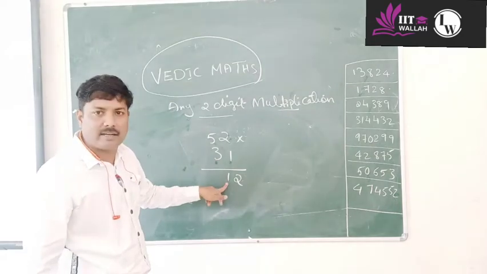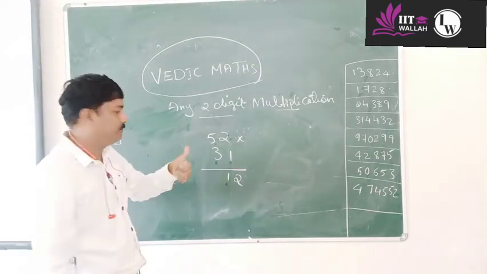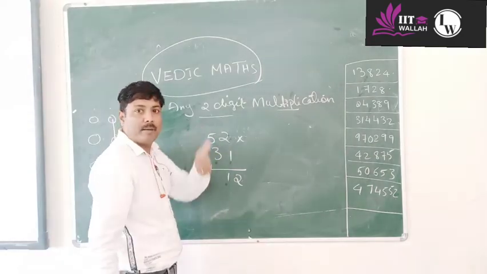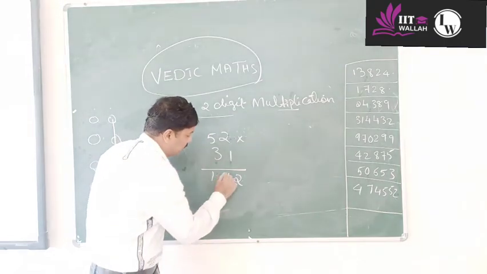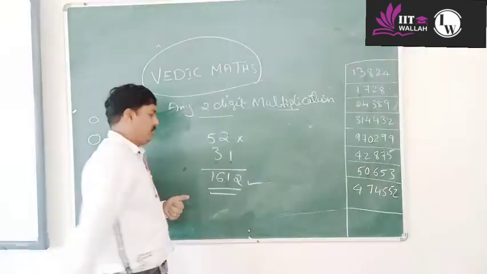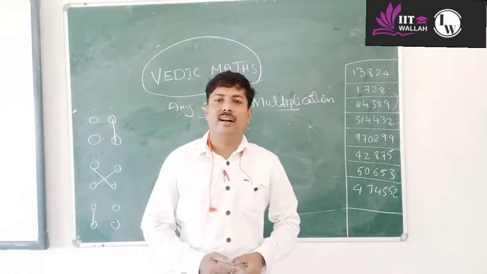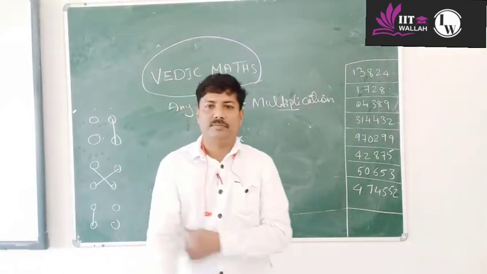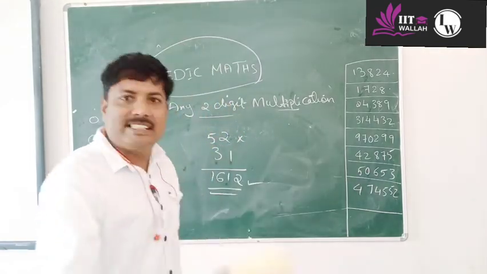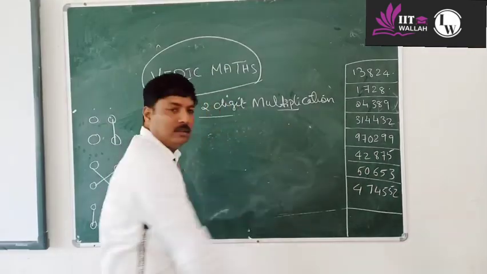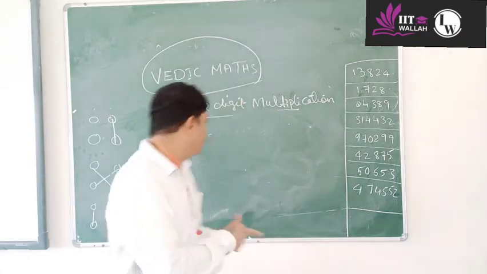Only 1 will be written here and 1 would be carried. And 5 3s are 15 plus 1, 16. 1612. Understood clearly? Yeah, very good. So we will check other numbers. One more example we will do. Okay.